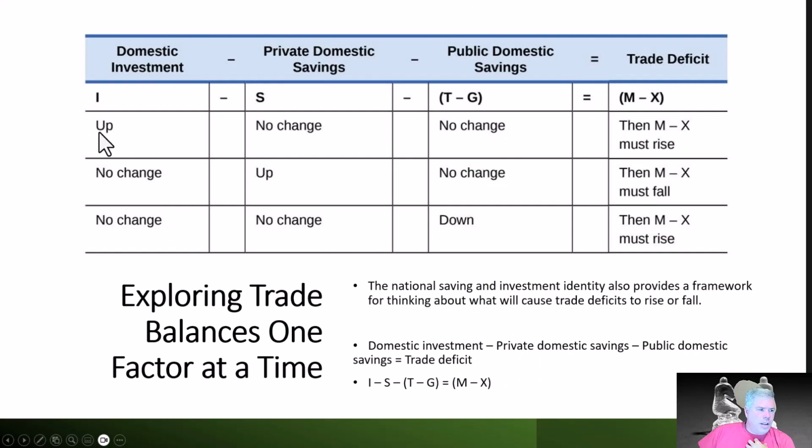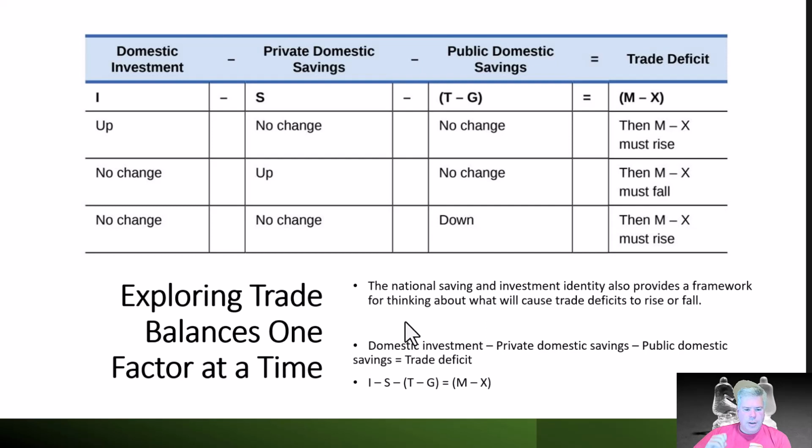So we'll look at trade balance one factor at a time. The national savings and investment identity provides us a framework for thinking about what causes trade deficits to rise or fall.